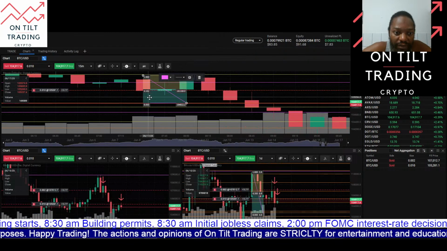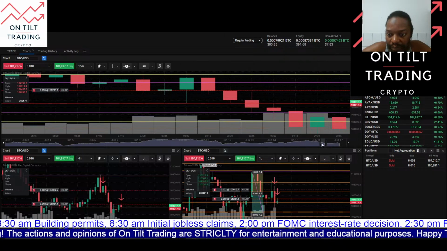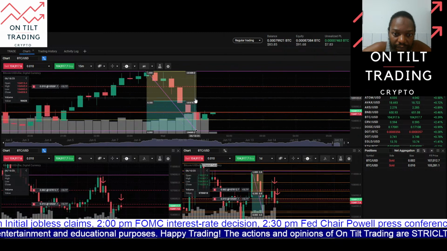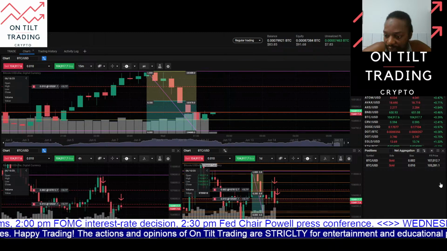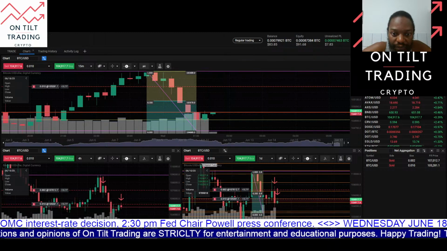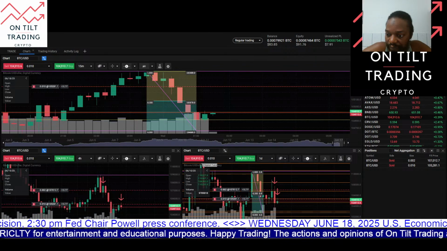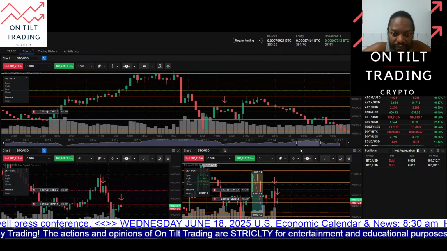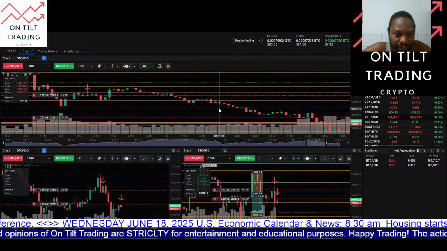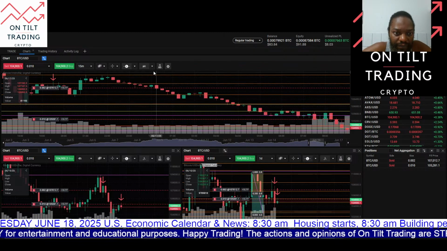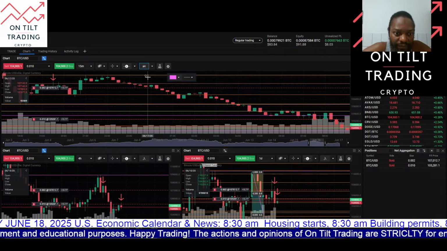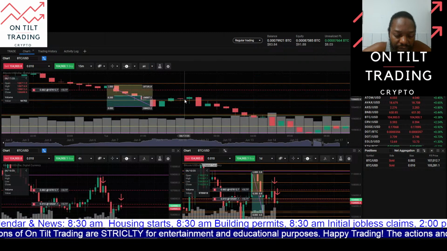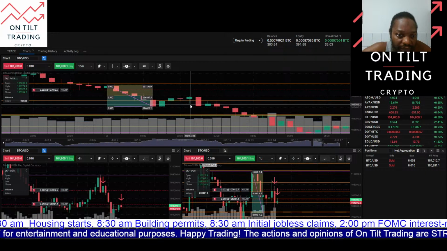Let's have a look. Seems like price may be being delivered to the buy side currently. Yeah, price being delivered to the buy side. We may start to get that swing forming here. $106,807.5.